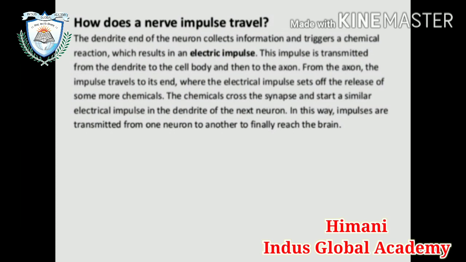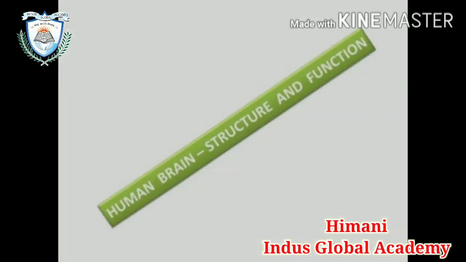From the axon the impulse travels to the nerve ending, where the electrical impulse sets off the release of some more chemicals. The chemical crosses the synapse and starts a similar electrical impulse in the dendrites of the next neuron. In this way, impulses are transmitted from one neuron to another and finally reach the brain.